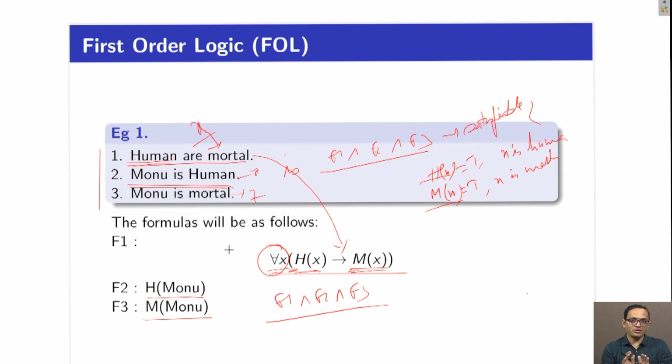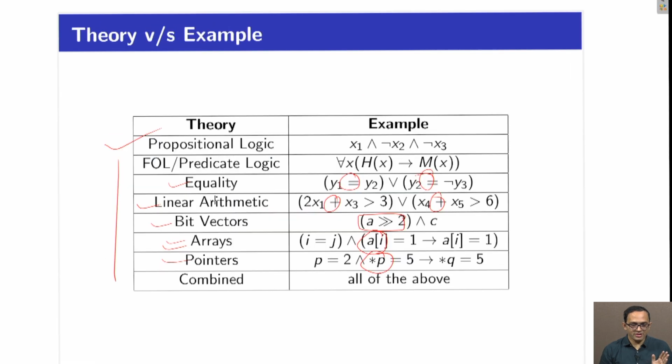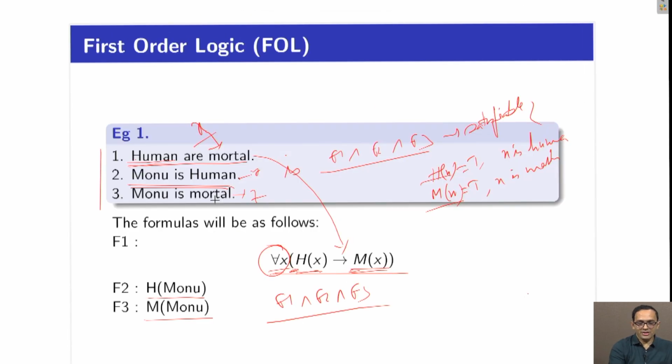You have a fixed meaning of this predicate, but in higher order logic you can actually quantify the predicate also. What I have written here is: for all p, for all x, p(x) or not p(x). So, I am quantifying the predicate as well. What is the difference? In the previous case, h(x) means human is mortal, it is a fixed meaning.